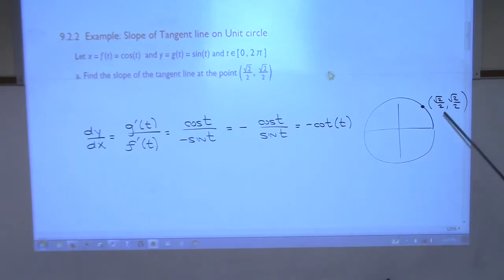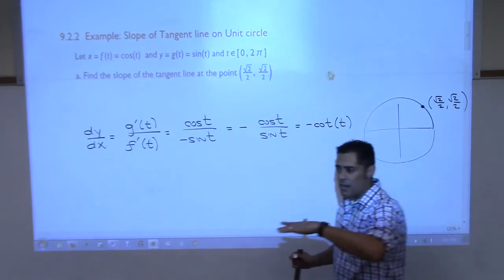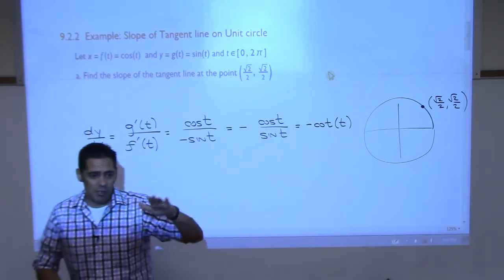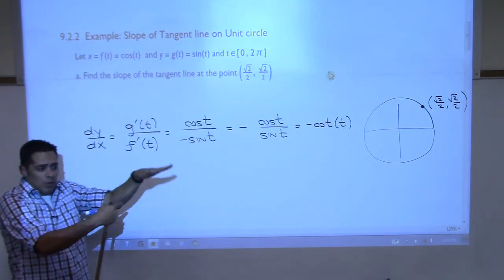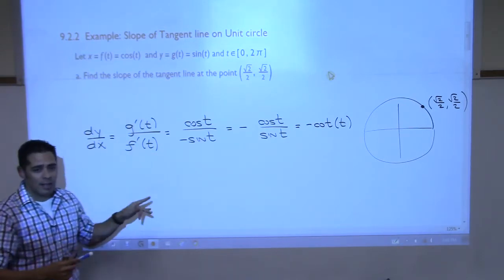But I want to know it at this point. So how do I get the actual slope of this tangent line? Plug in what? Pi over 4. Okay, so you have to remember that when we were doing slopes of tangent lines before, to actually get the slope, you had to plug in the x-coordinate. Here, we're not going to plug in the x-coordinate.